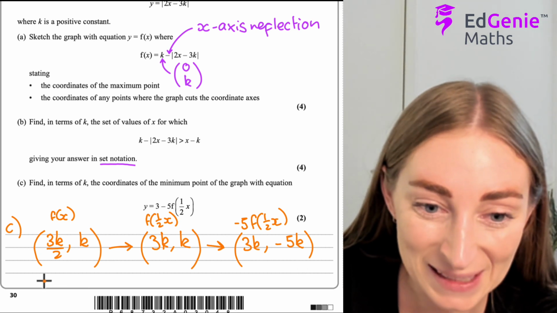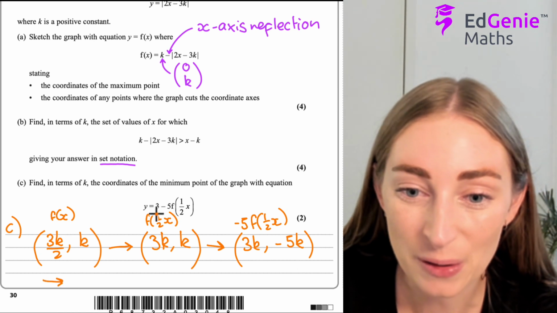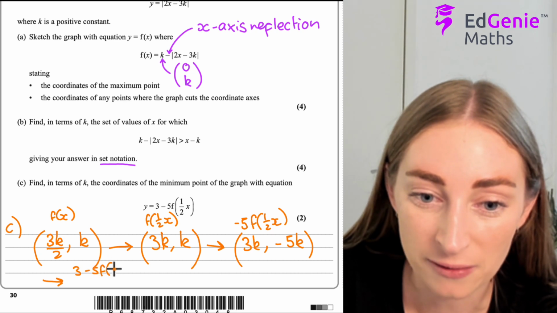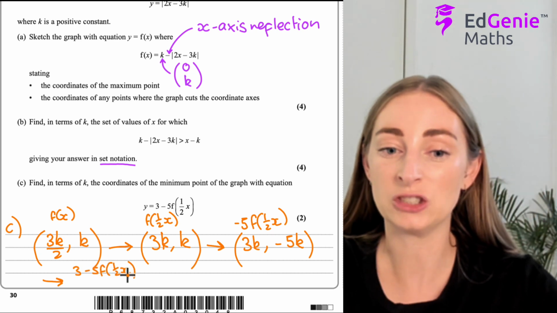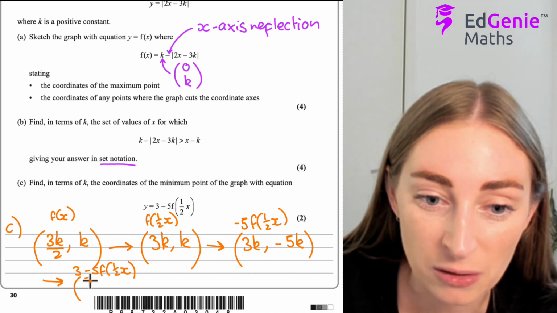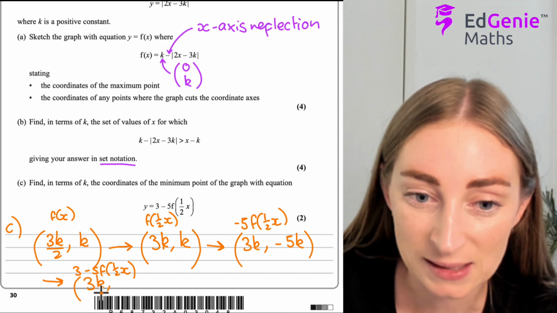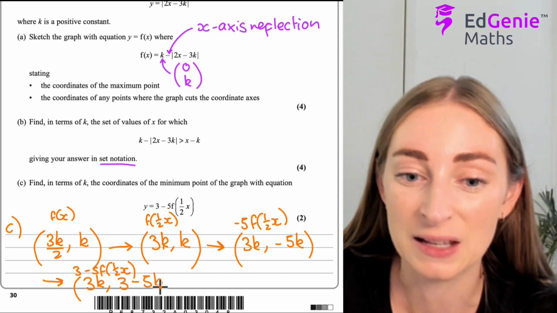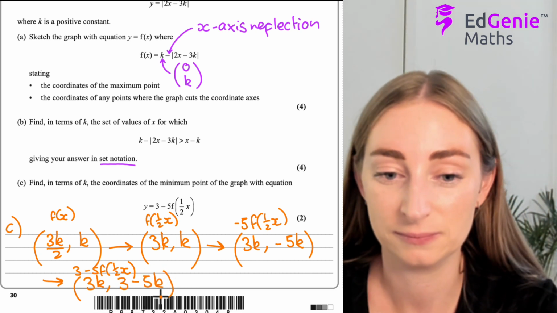Then, I was doubting myself there. Then we've got 3, so we're doing 3 minus 5 f of a half x. So we're doing a translation up 3 units in the y direction. So it's going to be 3k for our x, and then it's going to be 3 minus 5k for the y coordinate.